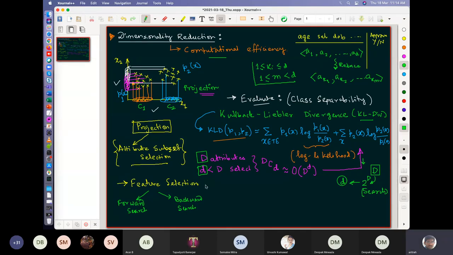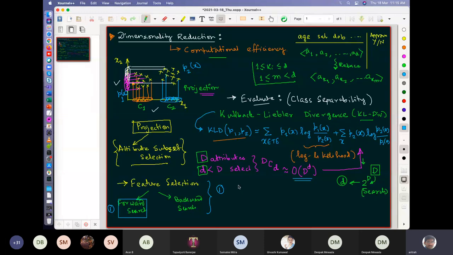So the way we will go with it is, let's say first we try the forward search heuristics. Since it is infeasible to compute all of them, I will go by heuristics, which might give me a local minima, but there is still a good chance that I could get a good subset of attributes.